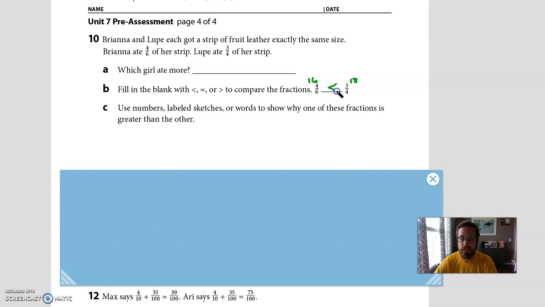So guess what? 4/6 is less than 3/4. So who ate more? Lupe ate more. And when it says show work, this would be your work, just showing that you cross multiplied, and that's how you got your answer. It's a lot for just saying which fraction is bigger, who ate more, okay?